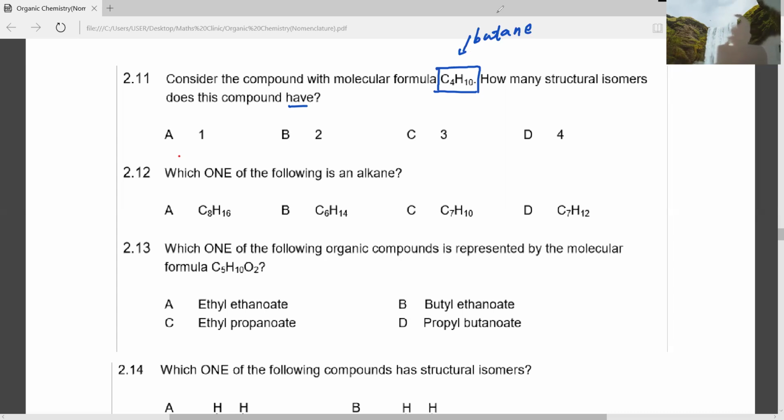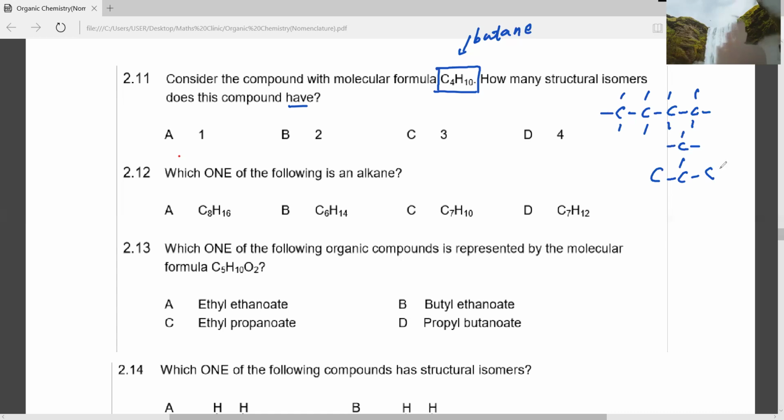Obviously, if you want to draw the structural isomers for butane, it will just be butane with 4 carbons. And for another one, you have to move 1 carbon and attach it to the other one. So you only have this.